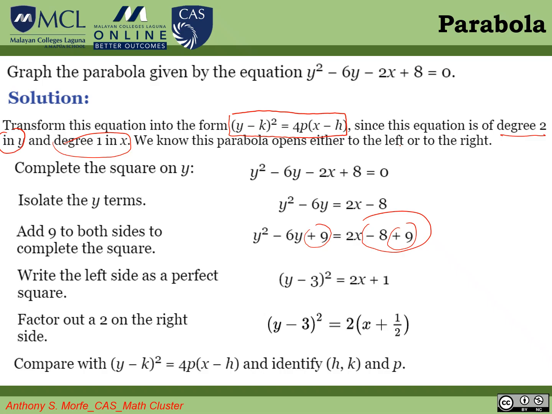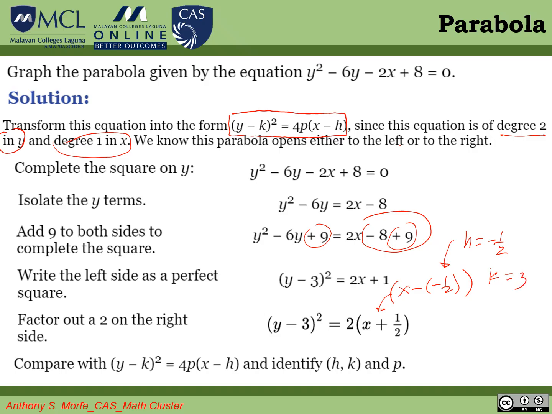So to avoid mistakes, class, write this in terms of minus at the middle. So you can write this as x minus 1 half. So that when you find what is h, because this is our h, our h here is equal to minus 1 half, and our k is equal to positive 3.